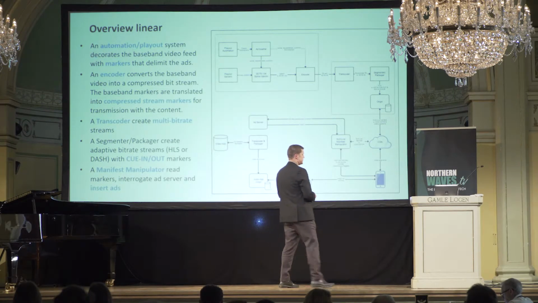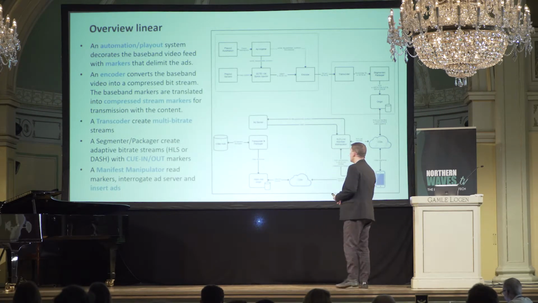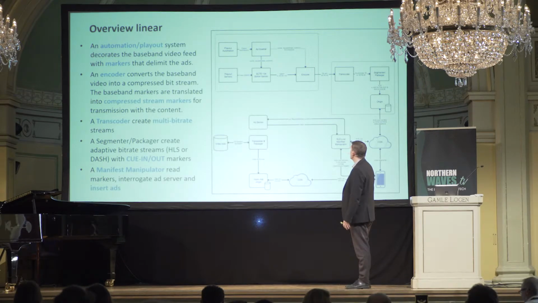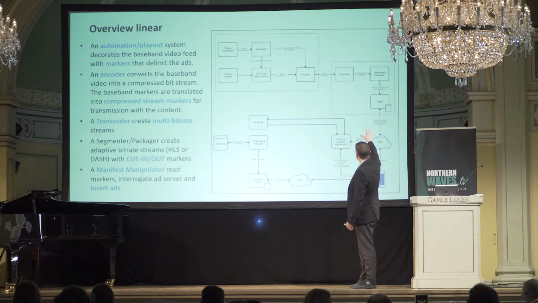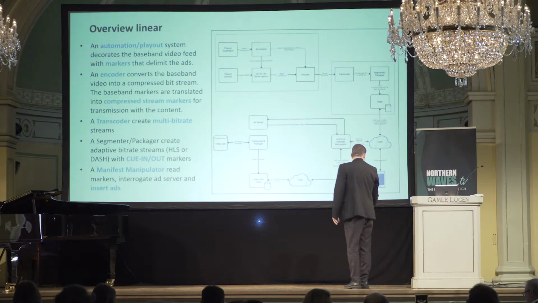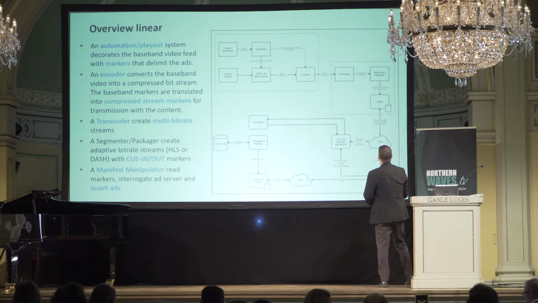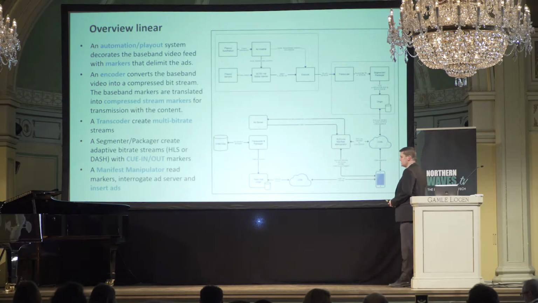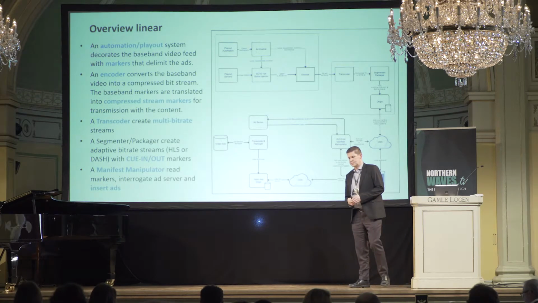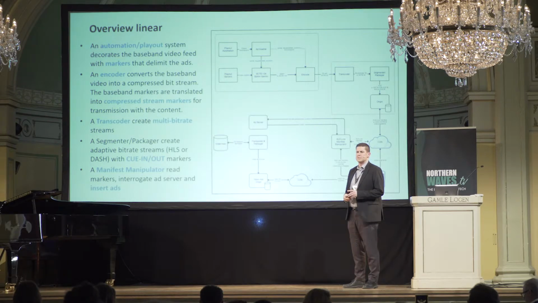I will not go through this in detail, but at a high level, this is how server-side ad insertion works. As I told you, we have the playout system and the head end, where you inject the markers needed for later on. Where you create your simulcast streams, you have a transcoder, and you rip the SCTE markers that are going into the stream and put them in the manifests.